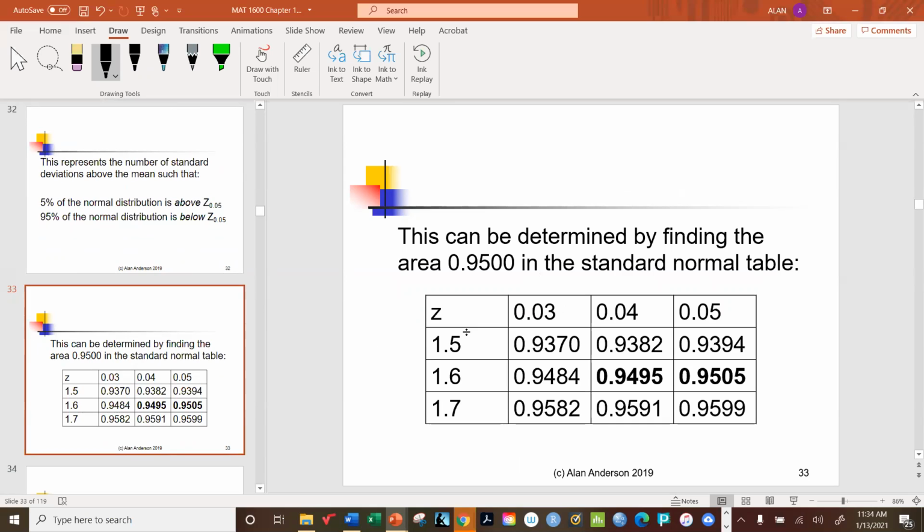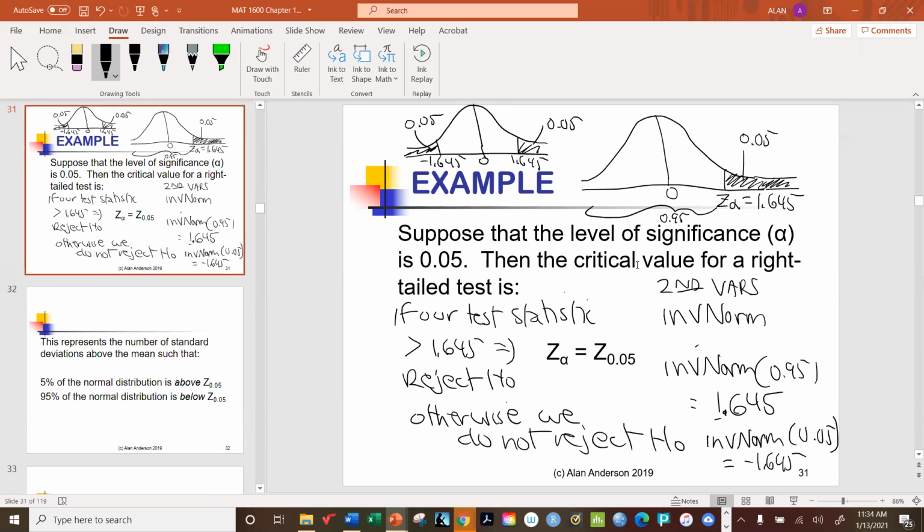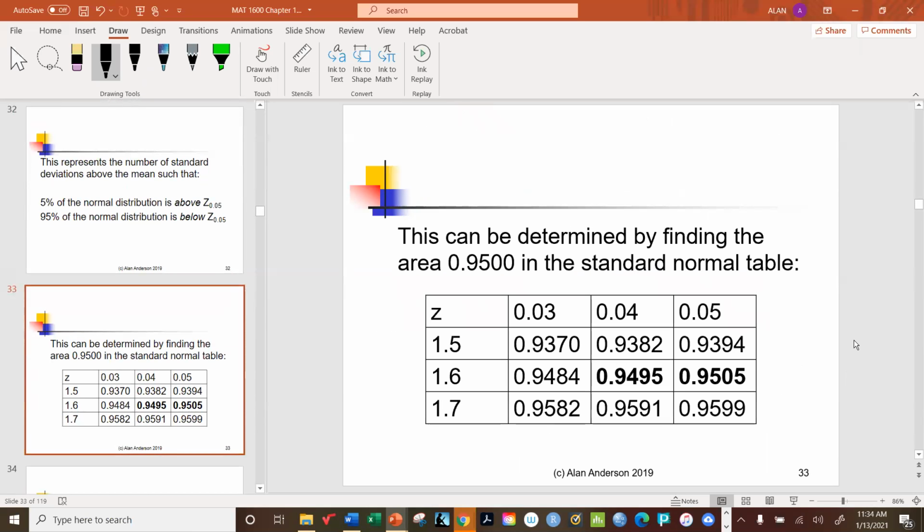And this is just what you get if you looked it up in the chart, as we did before. It's halfway between 1.64 and 1.65. In other words, if you need to do this with the chart, you would be looking for the 0.95, not in your calculator, but in the body of the table or chart.